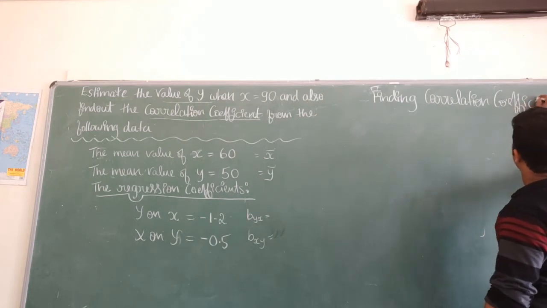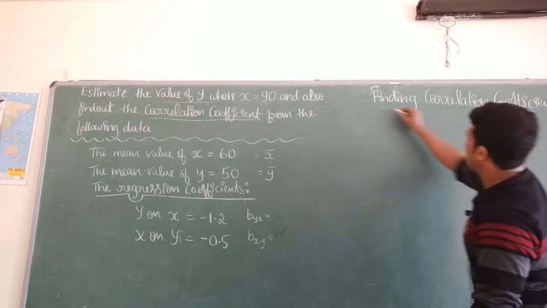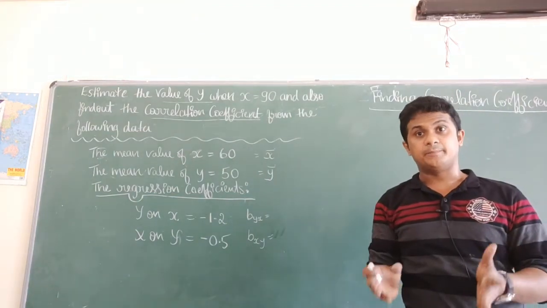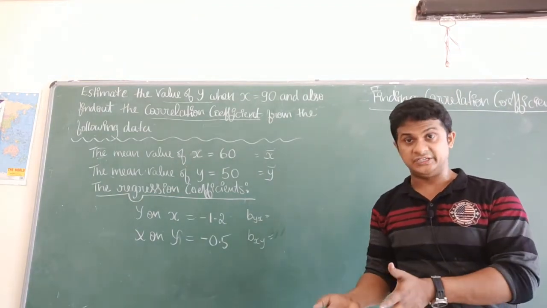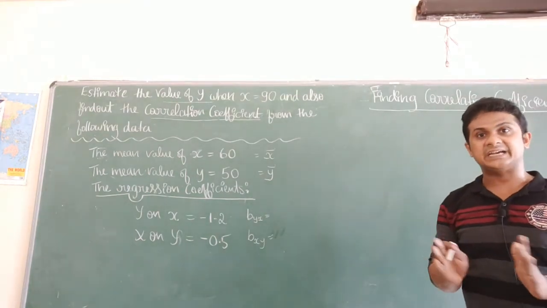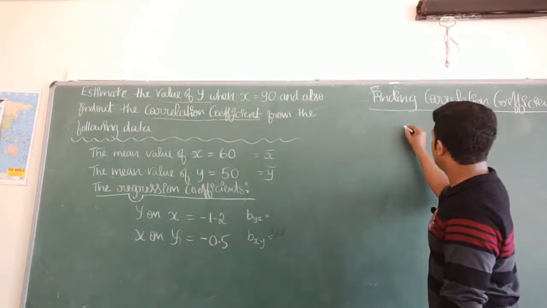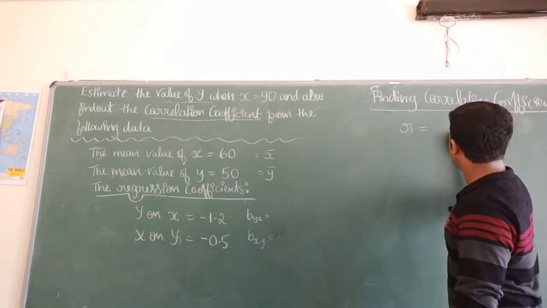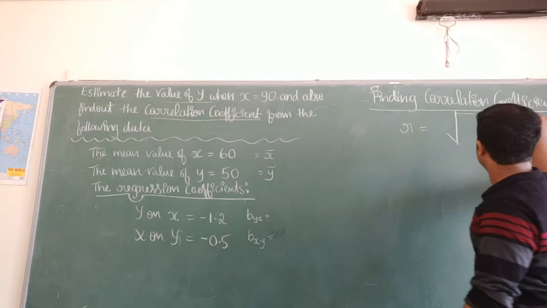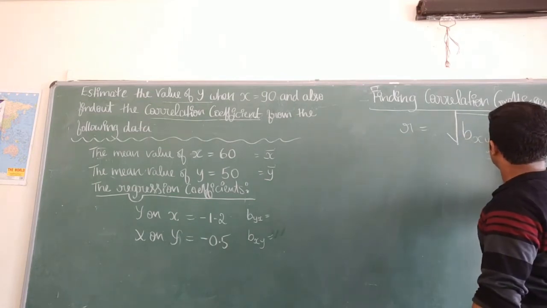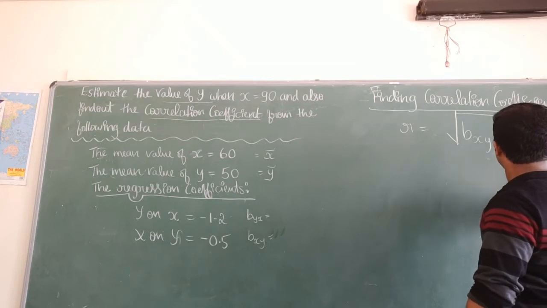So how are we finding it? We are using one of the properties of regression, where it says the geometric mean of the regression coefficients is the correlation coefficient. Symbolically, r, which is the correlation coefficient, is plus or minus the square root of b of xy into b of yx.